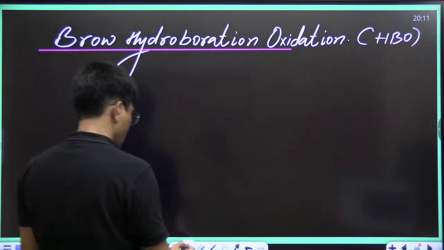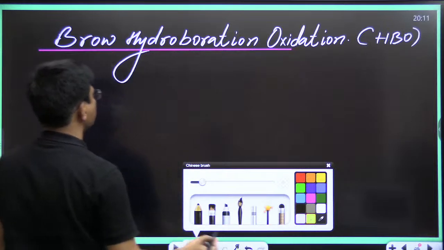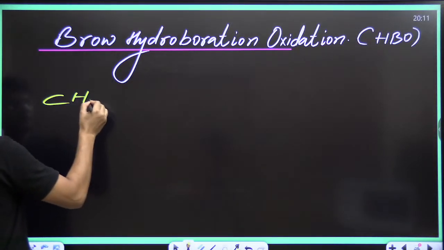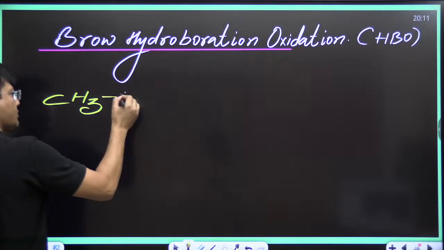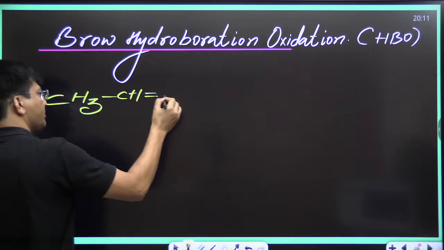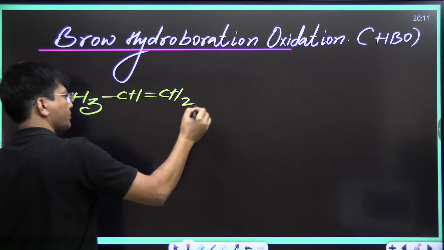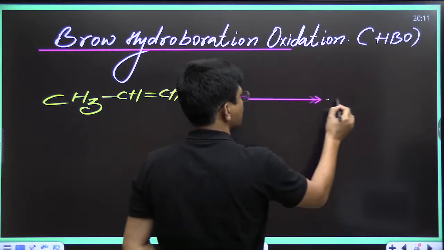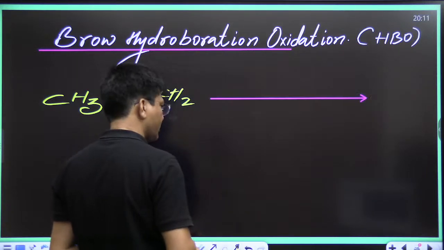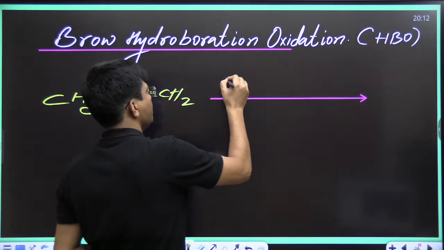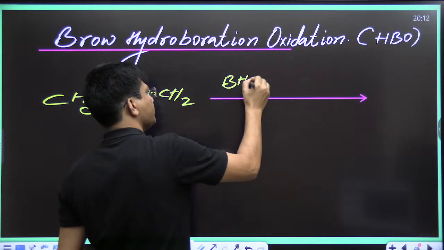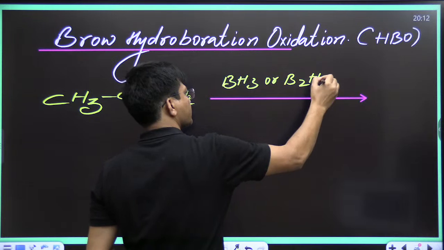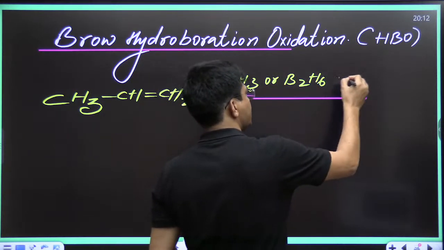Now let's see what is going to happen over here. Same, let us take CH3, CH double bond CH2, which is going to react with the special reagents. These reagents are very, very important. BH3 or B2H6 you can use, plus THF.